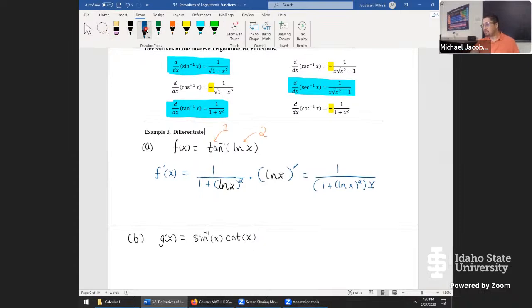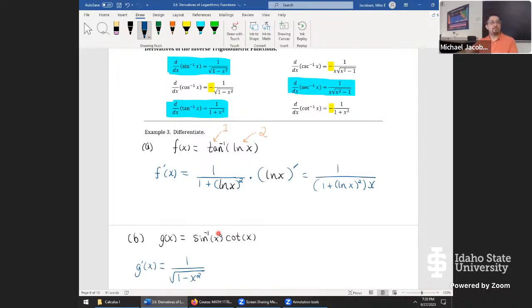So this one is going to go g prime of x to start equals, now depending on how you feel about the product rule, you could calculate in this way. I'm going to take the derivative of the first factor just right here and now. Derivative of sine inverse x, we can refer to the table above, becomes 1 divided by the square root of 1 minus x squared.